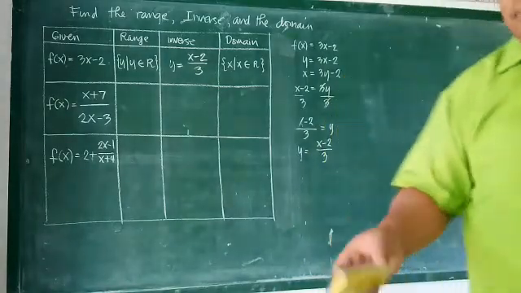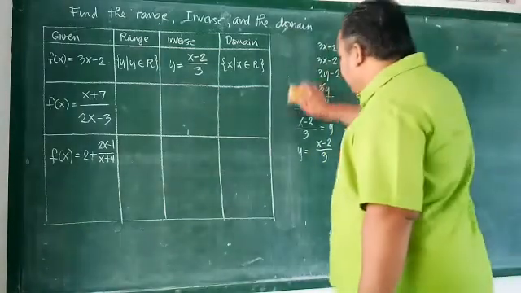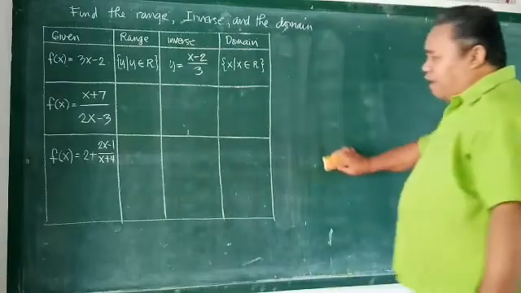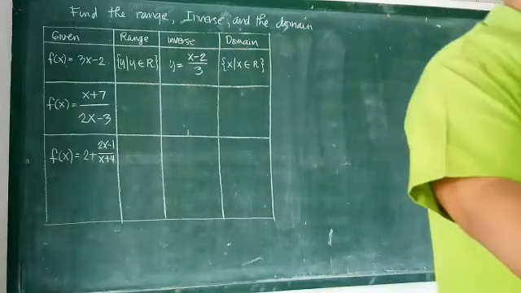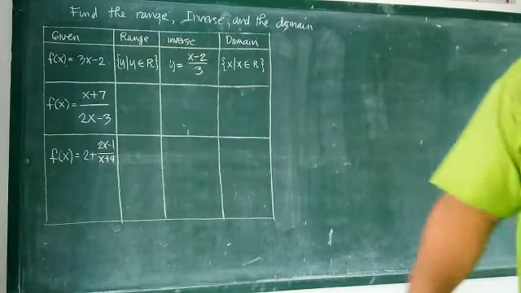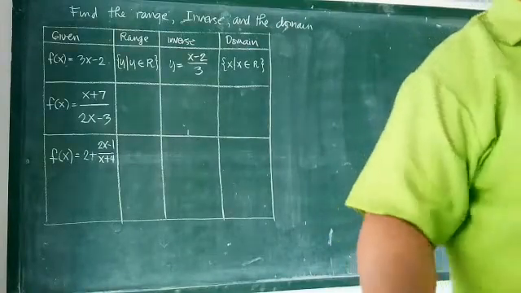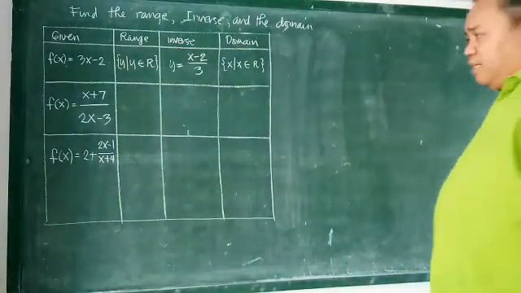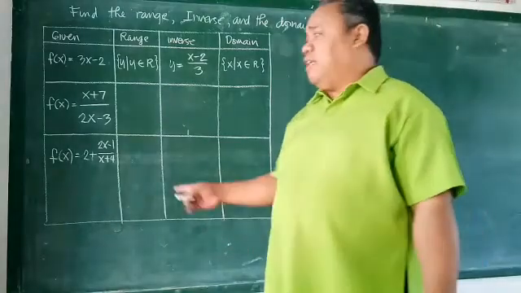Our next example is f of x equals x plus 7 all over 2x minus 3. What will be the first thing to do? First, find the range. How do we find the range? We're going to look at the denominator.